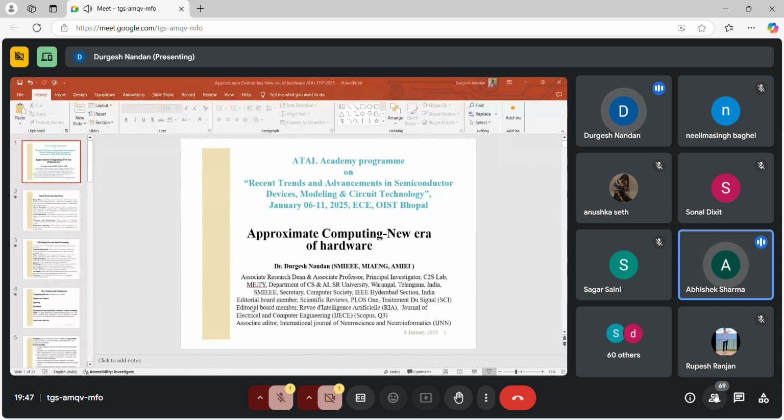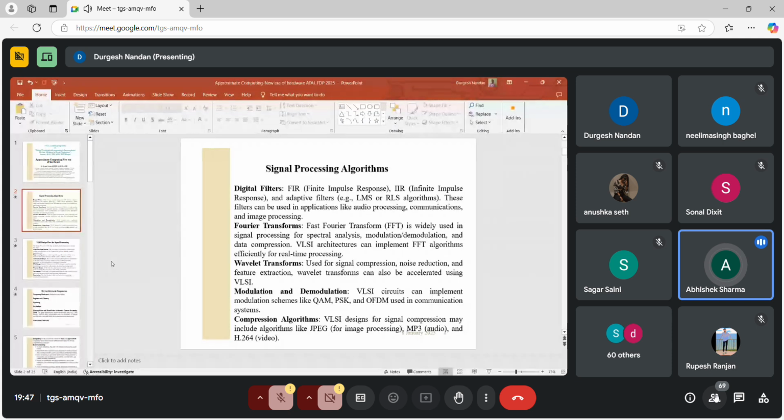Sir, I think the PPT is not moving. I'm just on the first PPT only, signal processing algorithm. Sir, can you make it full screen? I already made it full screen. Is it not full screen? No, sir, it is in display mode. Sir, I think we should stop the sharing, put the PPT in slide mode, and then share it as a full screen window. Now it's in full screen mode.